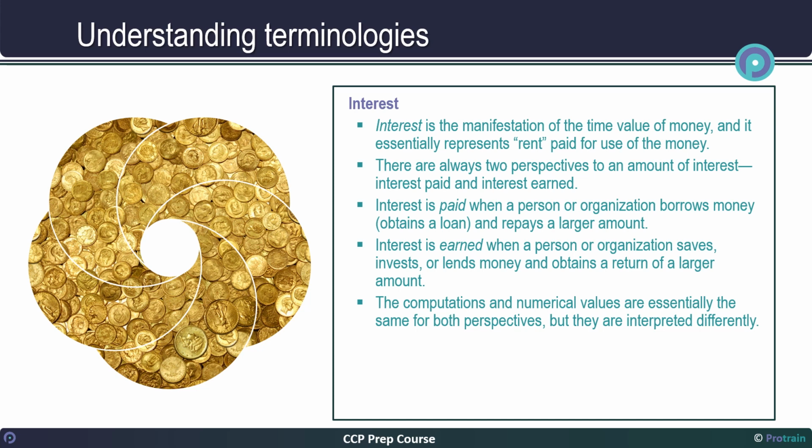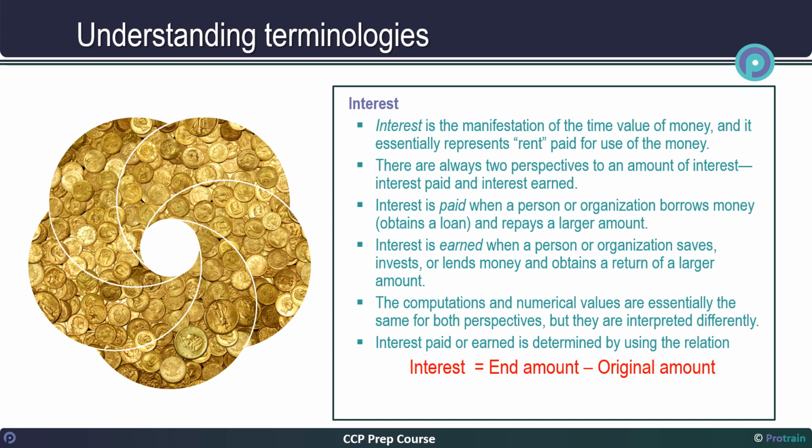Interest paid, or earned, is determined by using the relation: interest equals end amount minus original amount. It is also represented as interest equals future value minus present value.